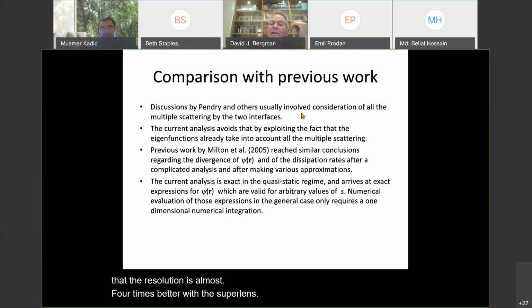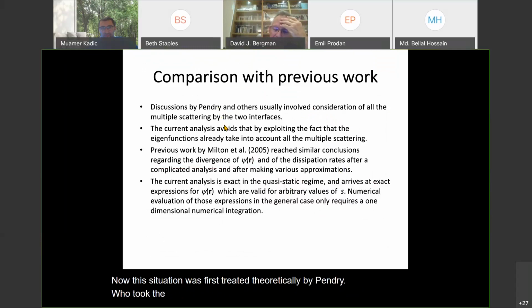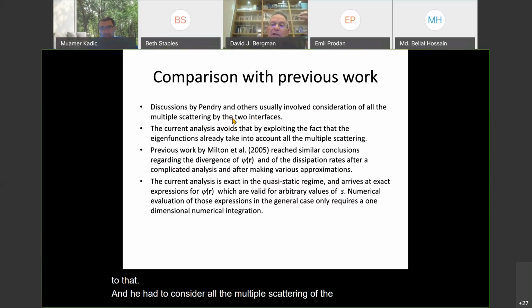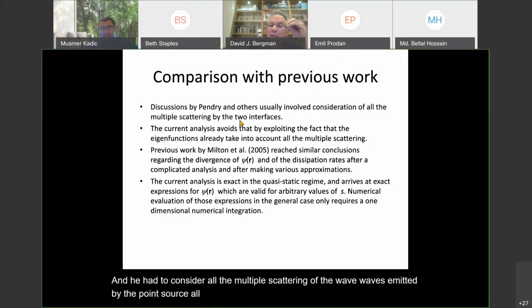Now, this situation was first treated theoretically by Pendry, who took Veselago's idea, but instead of just using geometric optics, applied wave theory to that. And he had to consider all the multiple scattering of the waves emitted by the point source, all the multiple scattering by the two interfaces.